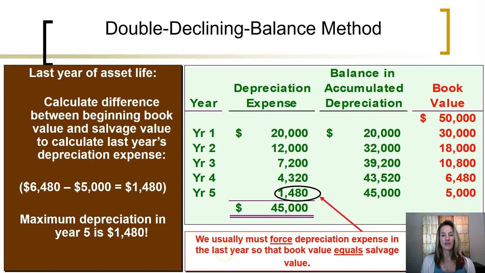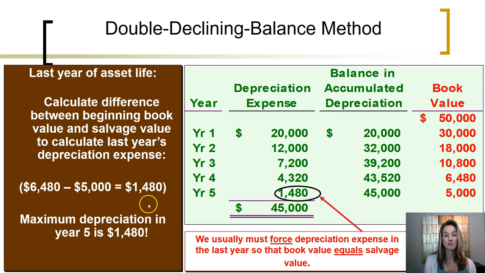So what we need to do in the asset's last year of life is to compare its beginning of the year book value. We ended year 4 with a book value of $6,480, so we began year 5 with a book value of $6,480. We compare that beginning of the year book value to its desired ending value, which is the salvage value, or $5,000.